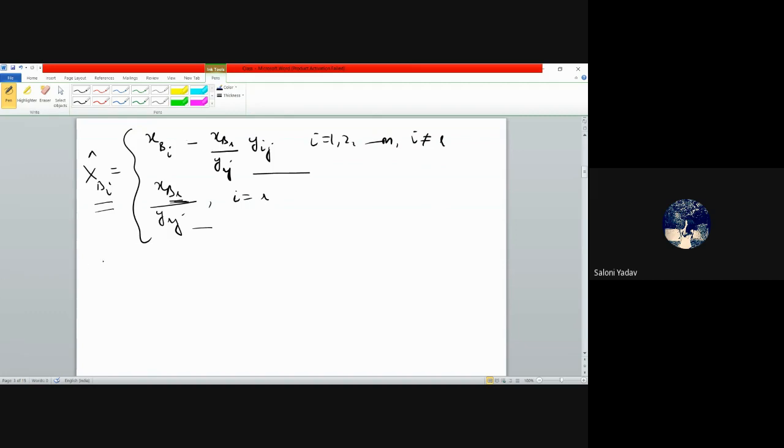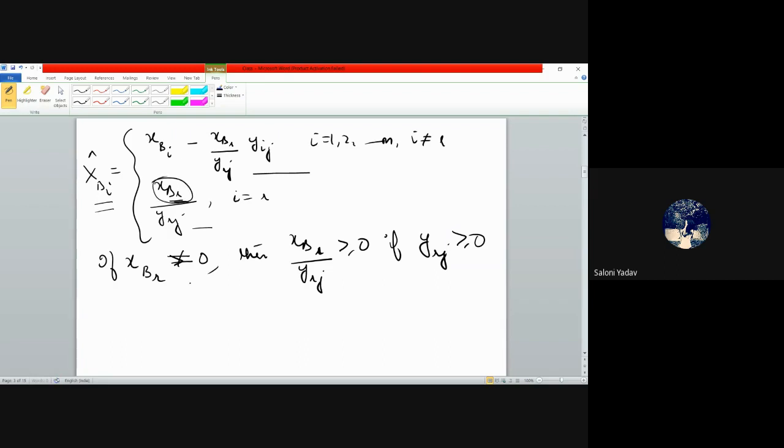Now see what happens, I say, if X_BR is not equal to 0, then X_BR upon Y_RJ will be more than or equal to 0 if what happens? If Y_RJ is more than or equal to 0, because X_BR is already more than 0.